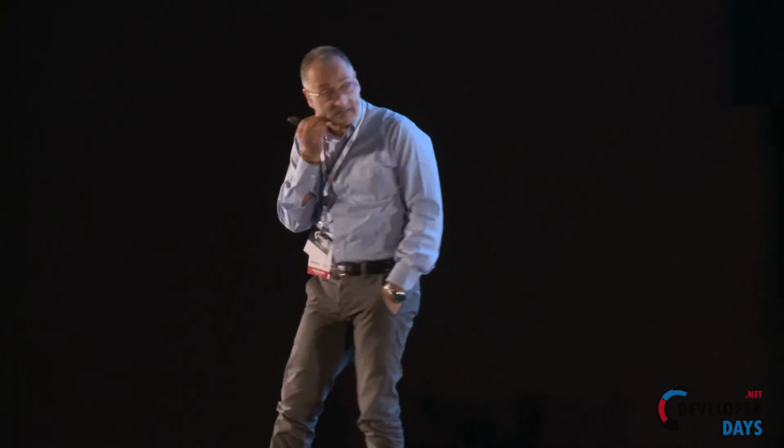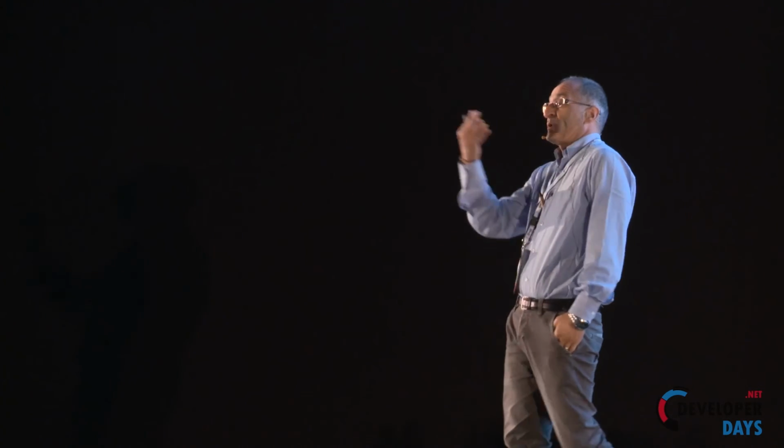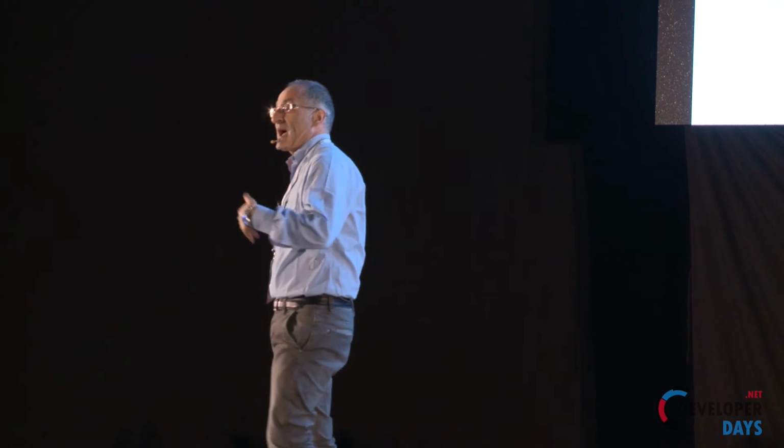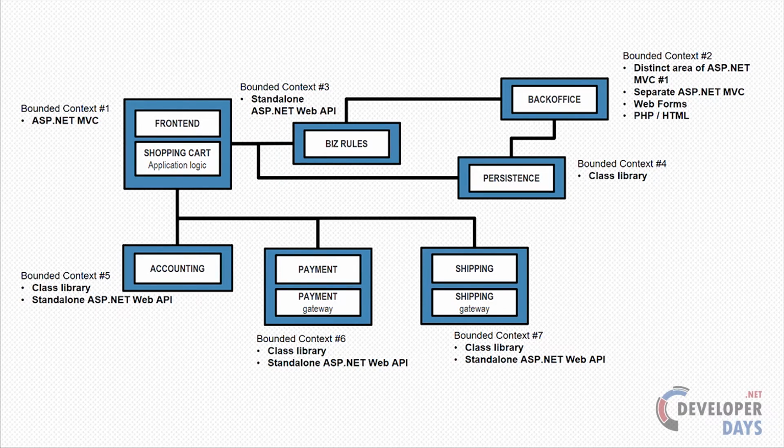Business rules, they can be perhaps a separate class library where we have maybe a domain model, maybe some anemic classes with some external components that contain the algorithms we want to use. Again, we can have a domain model or not.